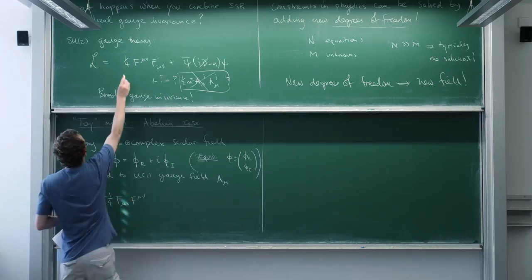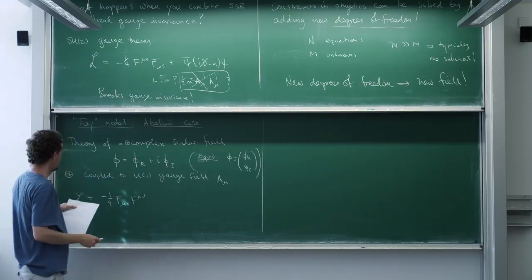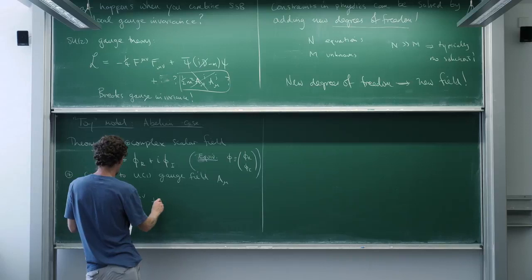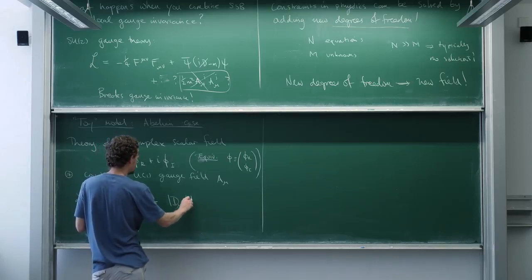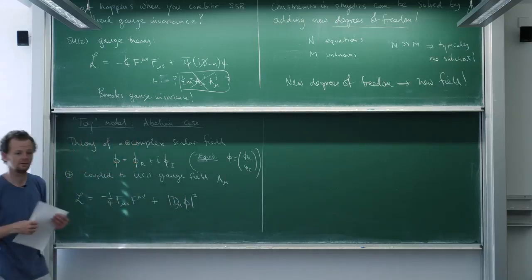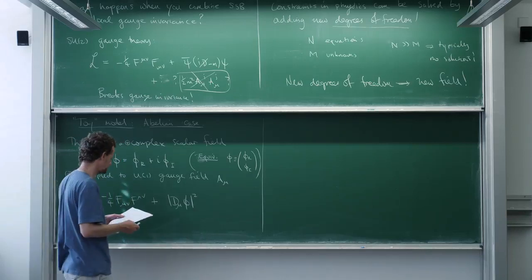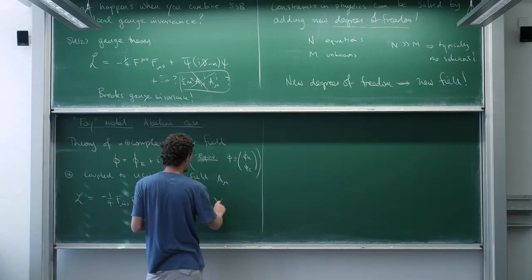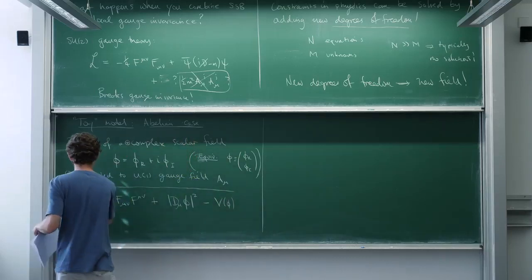Oh, I forgot the minus sign up there. So the Lagrangian is the curvature, and we have some derivative term for this complex scalar field. If you work it out, it's just the same as if you use this doublet there. And we have some potential like this.